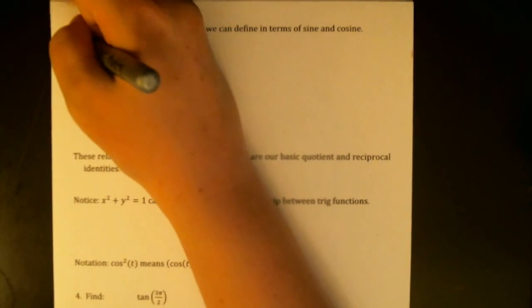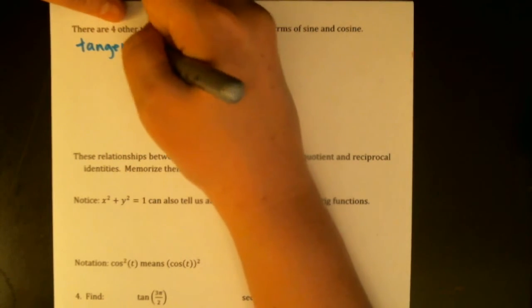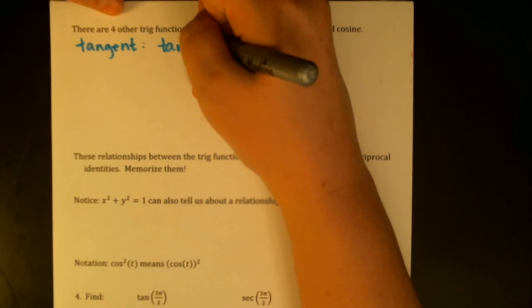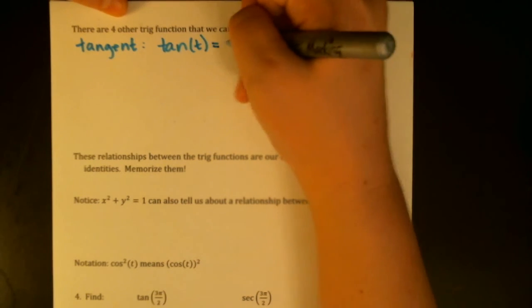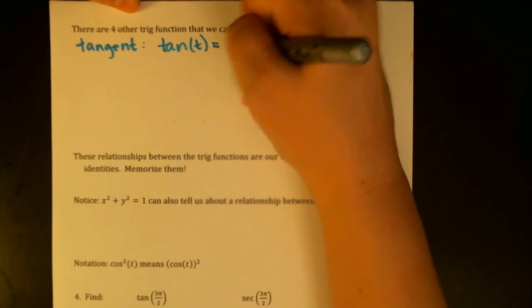Okay, so first one on our list is a tangent. Tangent is abbreviated TAN, and just like all of the trig functions, tangent inputs a t, and it outputs sine t over cosine t.